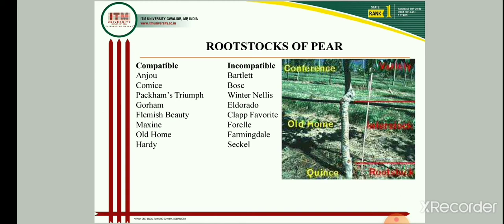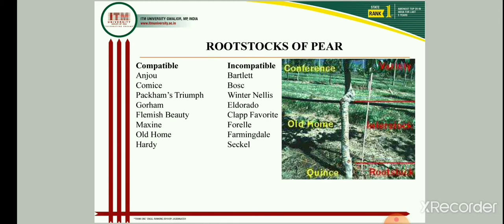Under this situation, a third component was introduced during the propagation or grafting program, and that third component was considered an interstock. The most compatible scion cultivar, Old Home, was taken for this purpose, because Old Home is compatible with the pear, so it is compatible with the Quince rootstock.